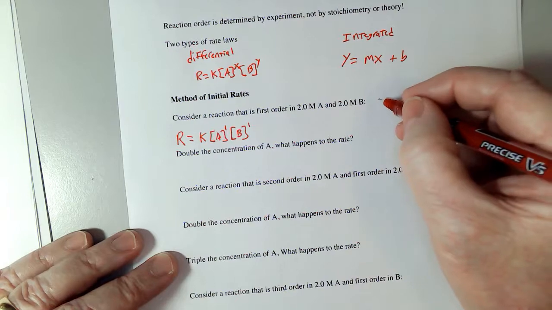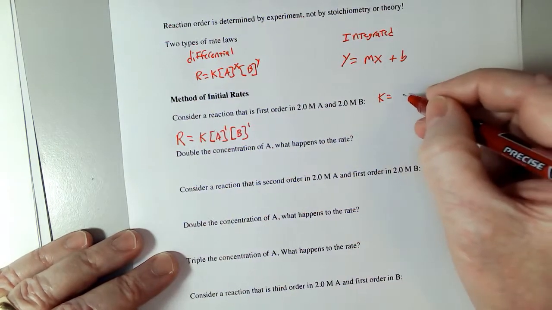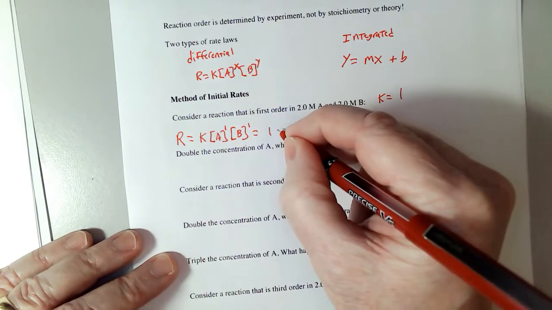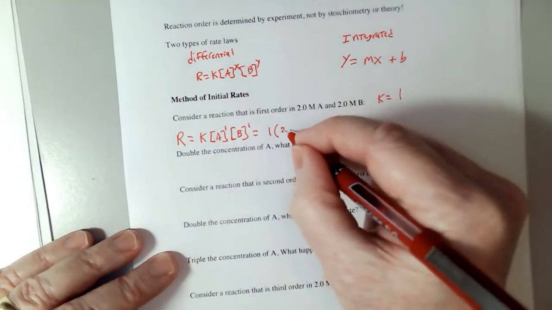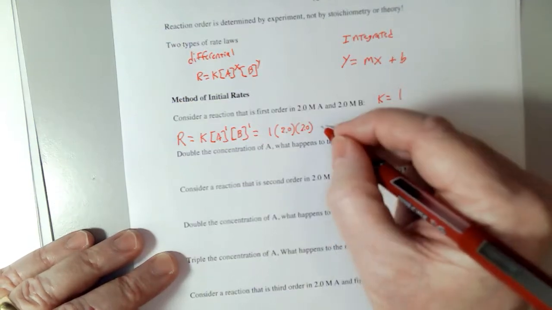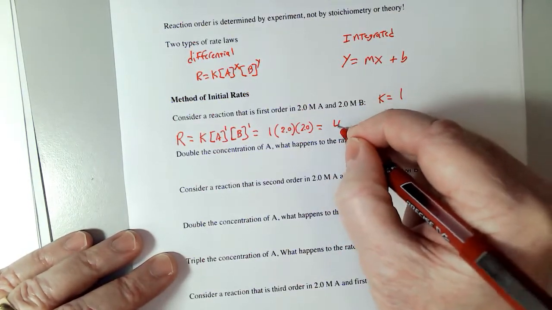Now, let's make up a value for the rate constant. We'll just call it 1 to keep the math simple. This equals 1 times 2.0 to the first times 2.0 to the first, and that equals 4.